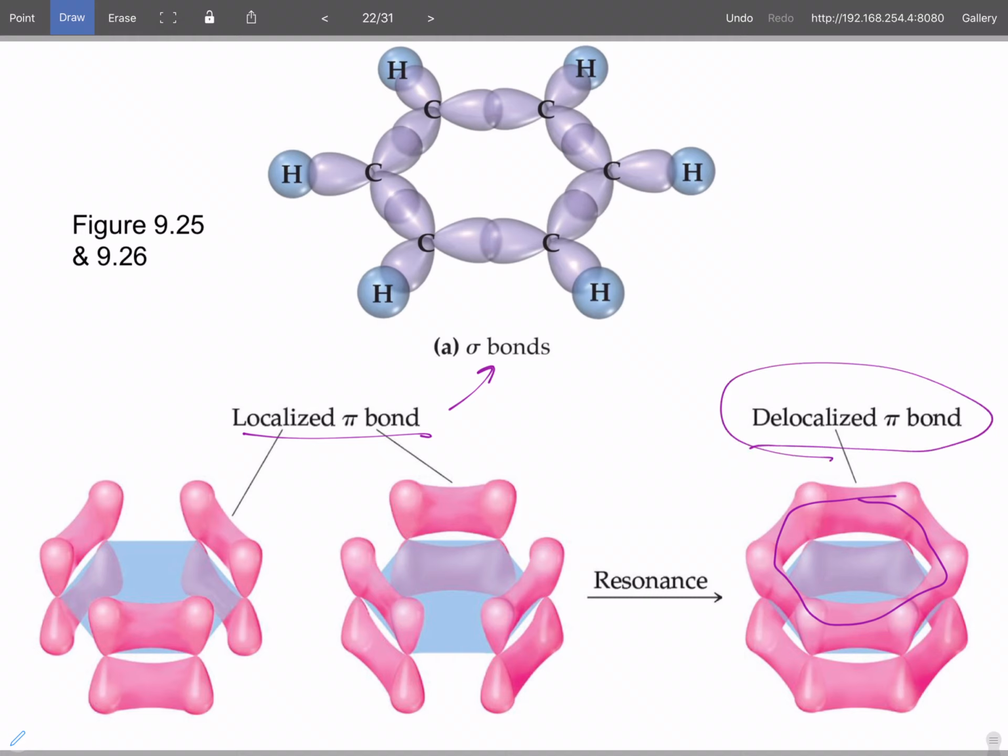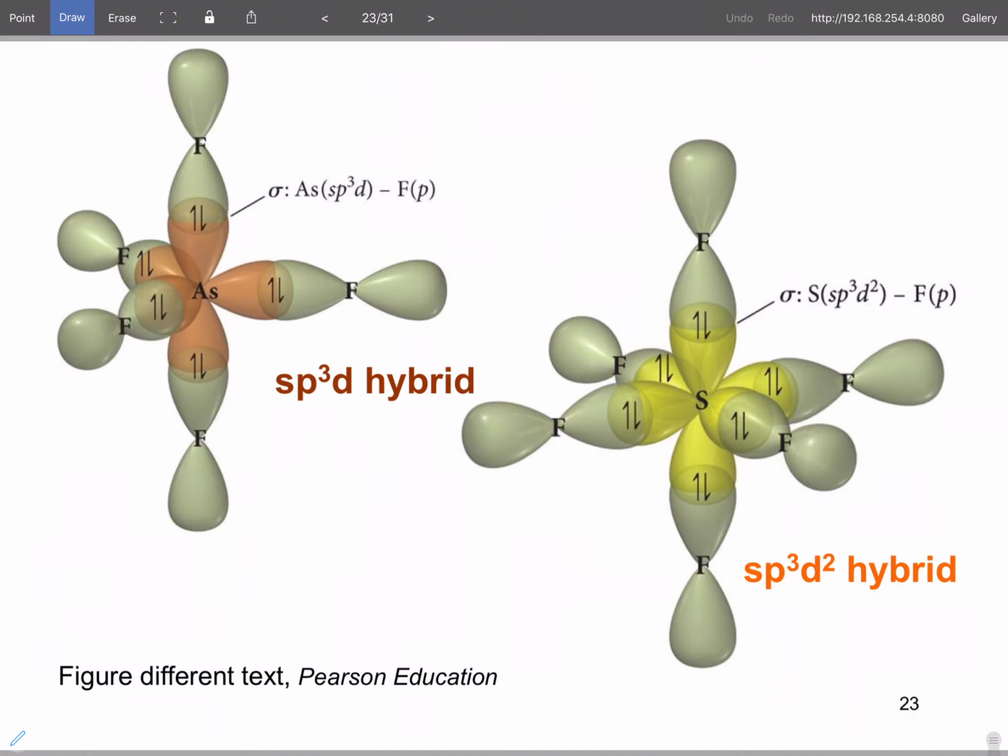But if you get an array of pi bonds where they can interact with each other, then the electrons basically spin around in the raceway and they are delocalized. So up to this point, we've talked about forming 4 bonds, sp3, 3 bonds, sp2, 2 bonds, sp. Can't go below that. So that brings us to, what do you do if you have 5?